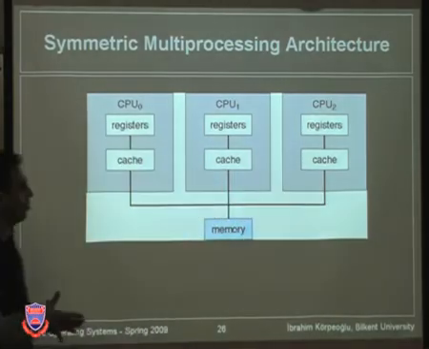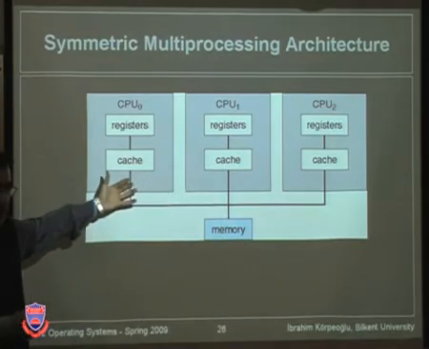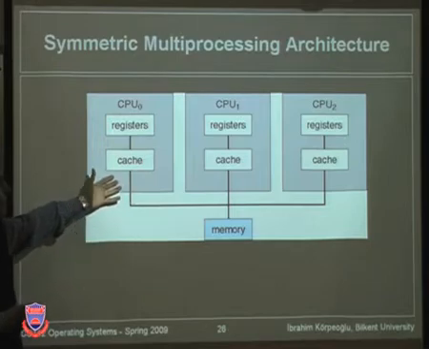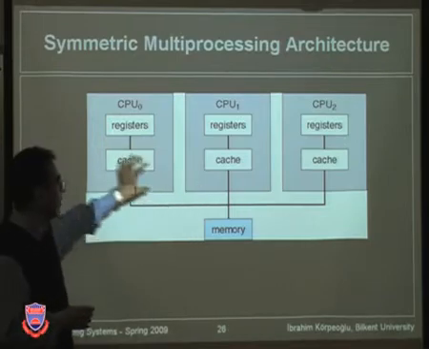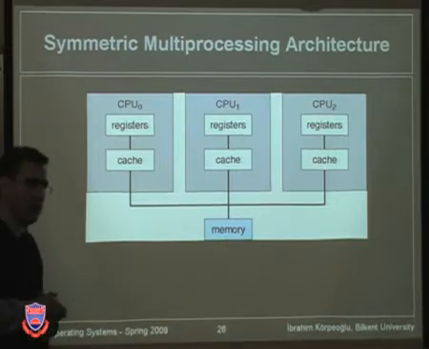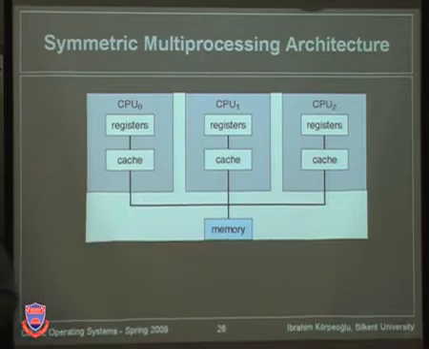So there is no special CPU acting as the master, as in asymmetric processing. In symmetric multiprocessing systems, all the CPUs have equal capability and role, and the operating system decides which CPU will be running which task. This is the common architecture in your PCs that are dual core, where you have at least 2 processors. They are doing symmetric multiprocessing.